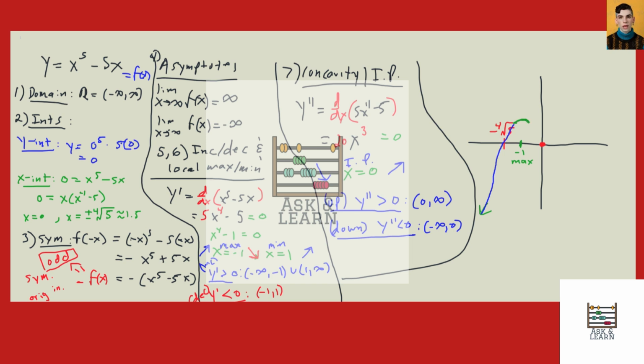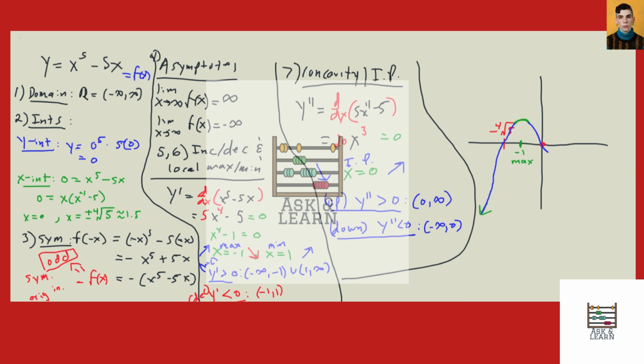And then it keeps on going up. Then the next thing of interest is our point of inflection at x is equal to 0. So at this point, we need to make sure that it's going from concave down to concave up. It should be concave down, so really stress that here.